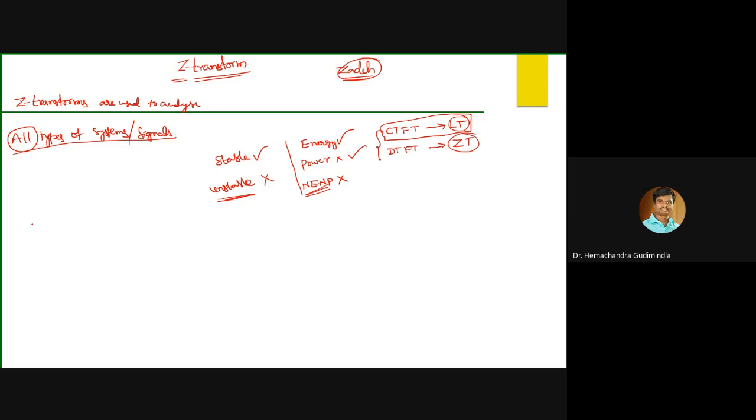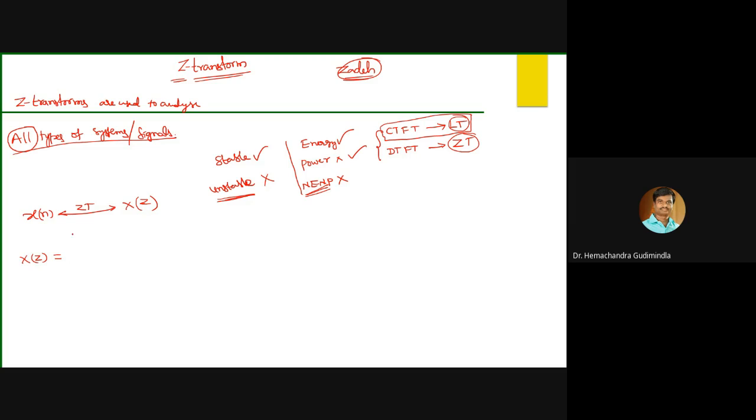Now, the representation of the Z transform: the Z transform of x of n is capital X of z. What is this X of z?